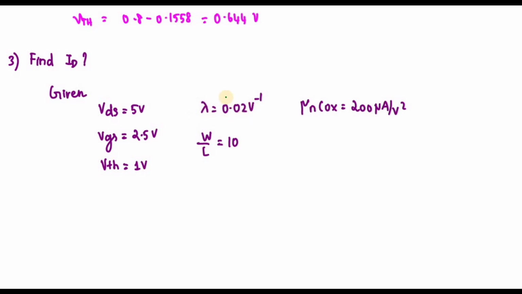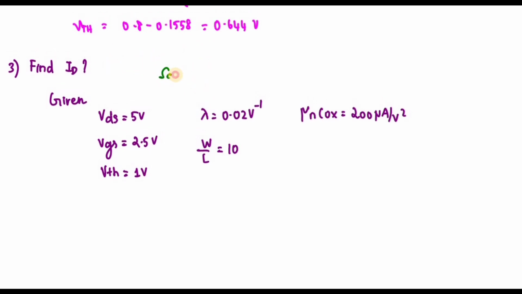They have given that the transistor is operating in the saturation region. Since it is operating in the saturation region, you have to know the formula. It is beta divided by 2 into VGS minus VT the whole square into 1 plus lambda VDS. So this is the formula.